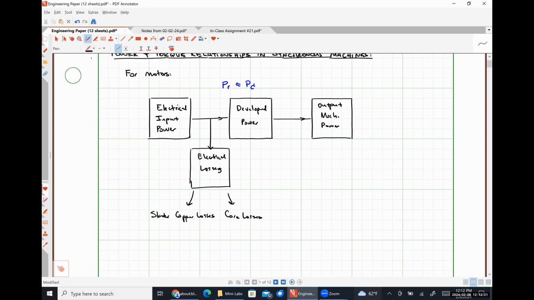Now moving from the developed power to our output mechanical power, so the power that's delivered to the shaft, we're also going to have some losses there. So these will be our mechanical losses.